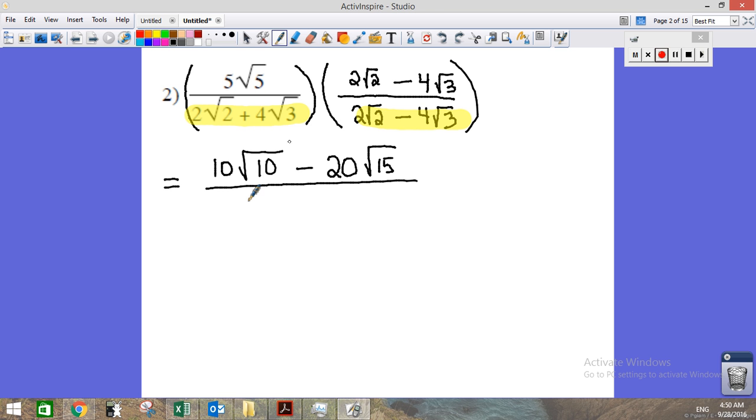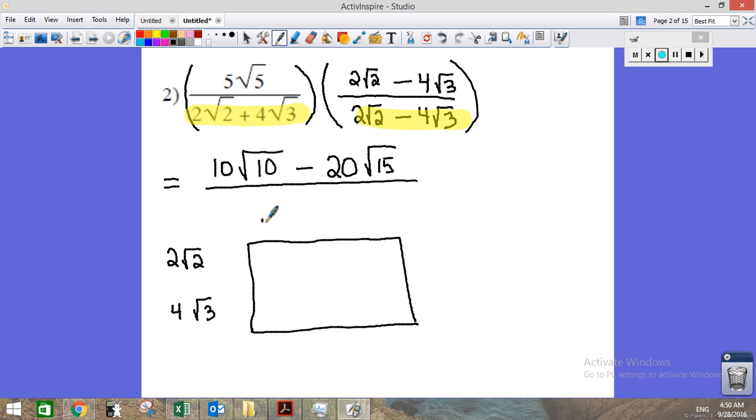So let's put this first binomial over on the left, and let's put the second binomial across the top, and then we can enter in the values in our table.